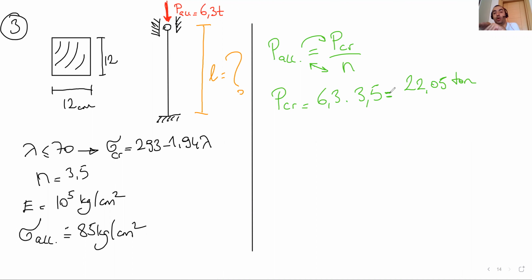Firstly, let's do it. You're gonna get a better understanding. We will select Euler's method here first. Let's say we have a slender member and it buckles, so Euler's theory works for this solution. Let's do it.